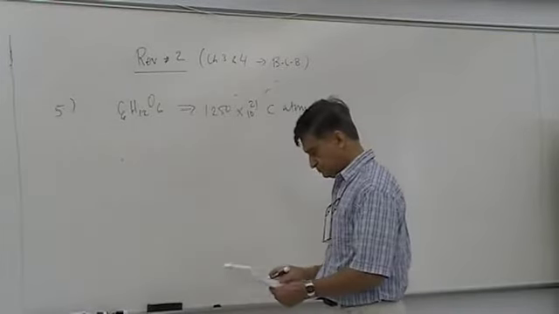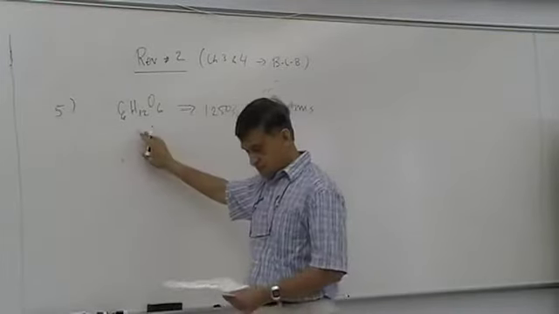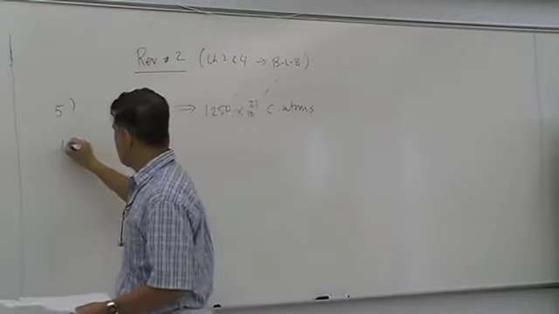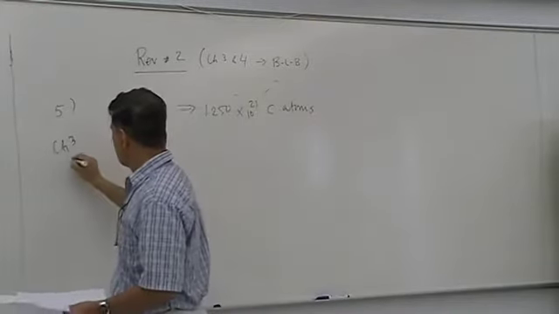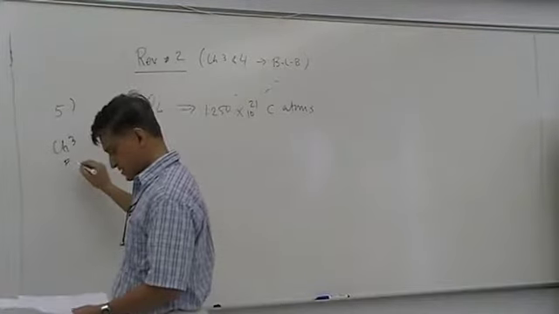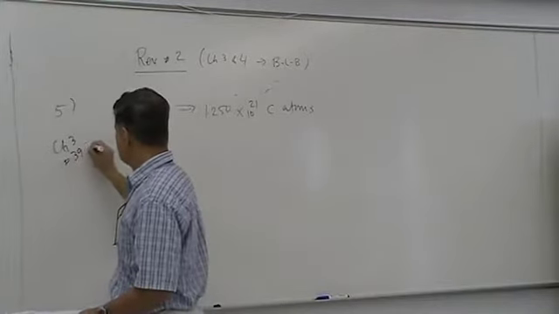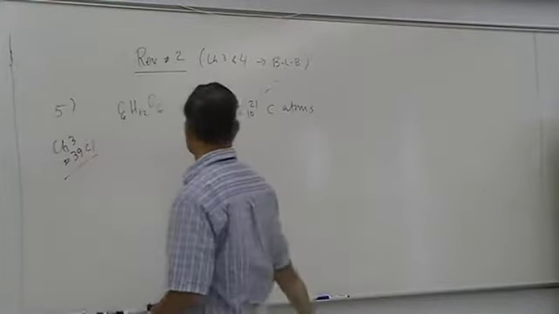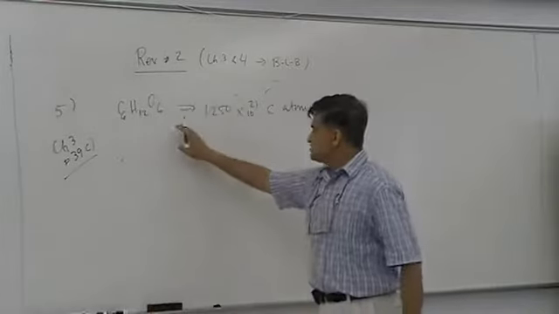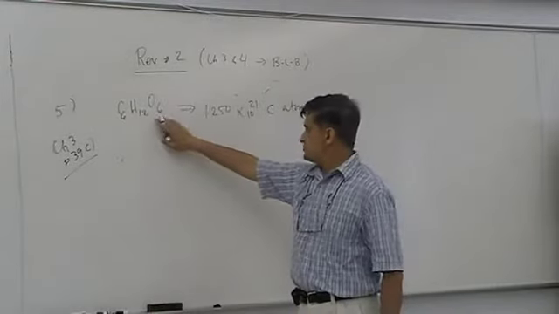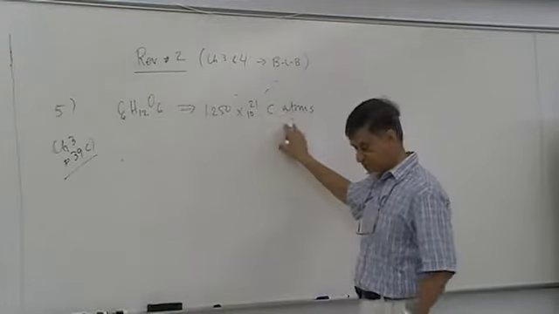So this is chapter 3, problem number 39C. They're saying that you have a sample of glucose having that many carbon atoms.